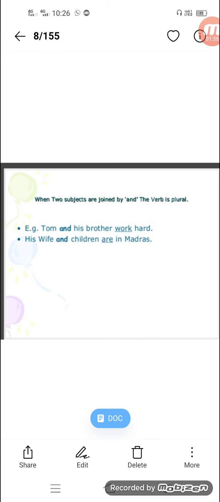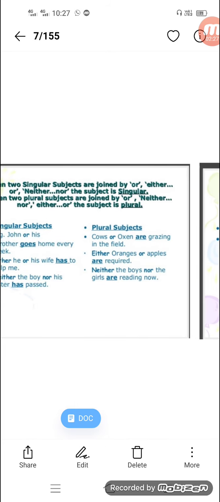Here we can see Tom and his brother are separate from each other, so we use a plural verb. Likewise, his wife and children are in Madras. Here also we can see his wife and children, both nouns are different, that is why we have to use the plural verb.